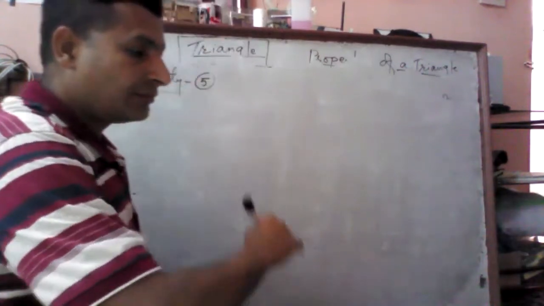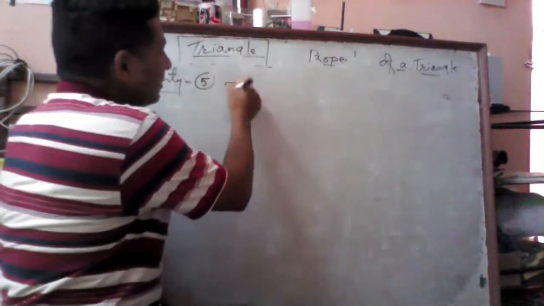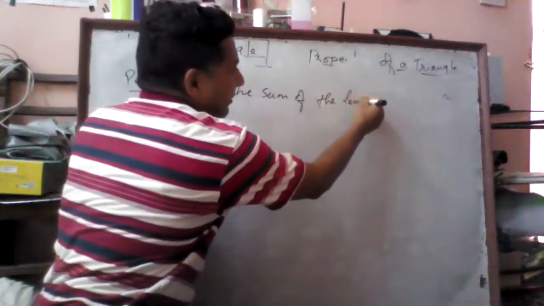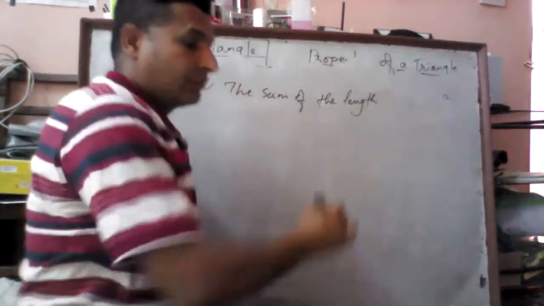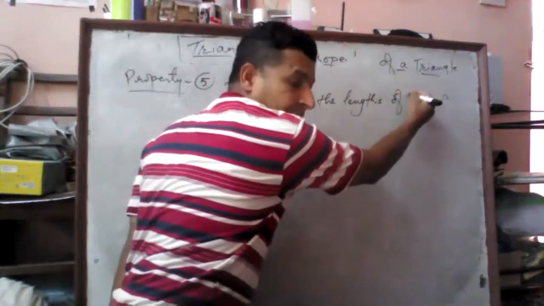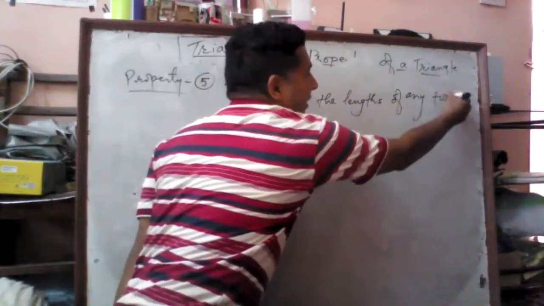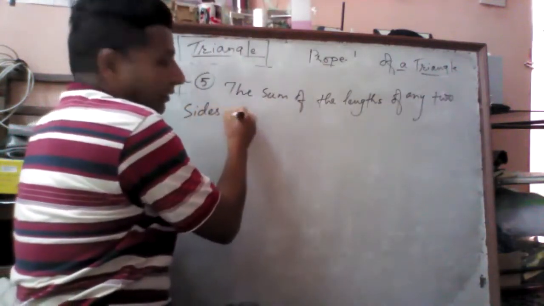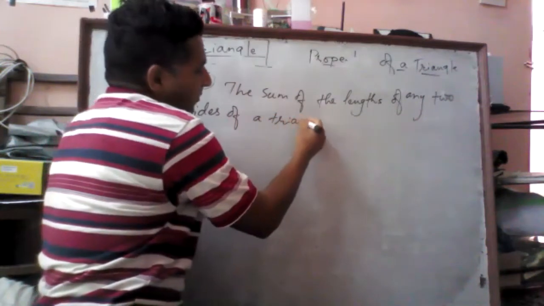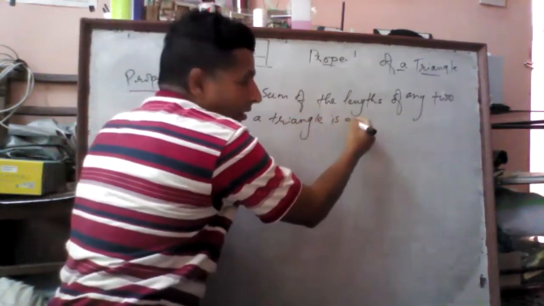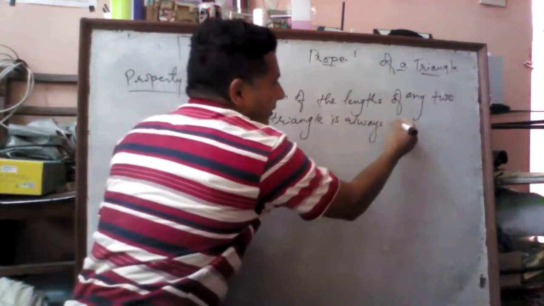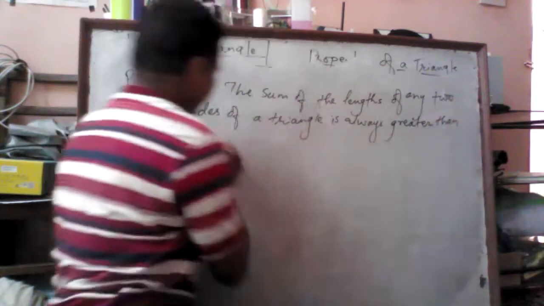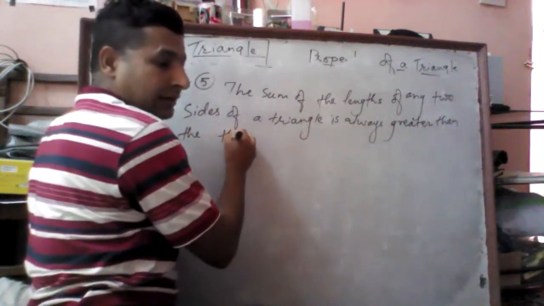And the sum of the lengths of any two sides of a triangle is always greater than the third side.